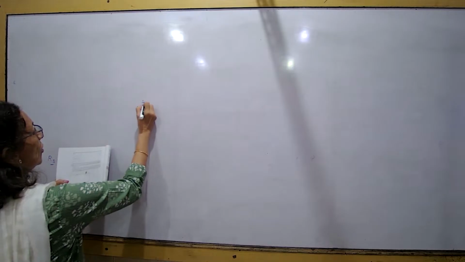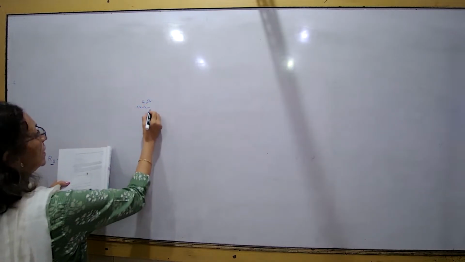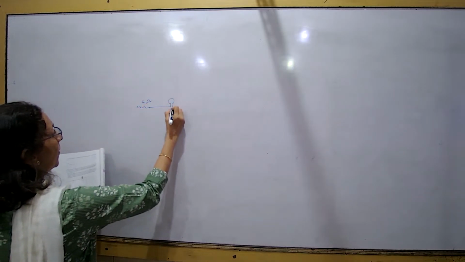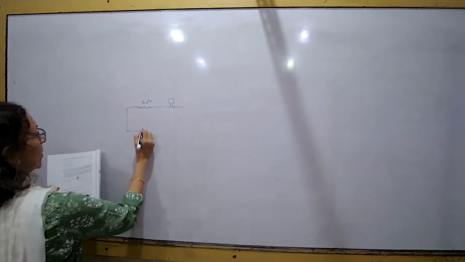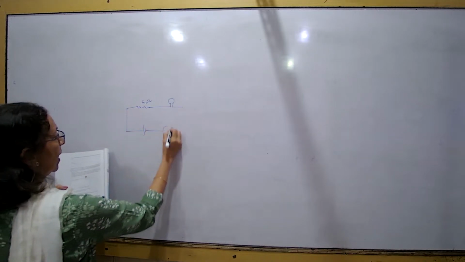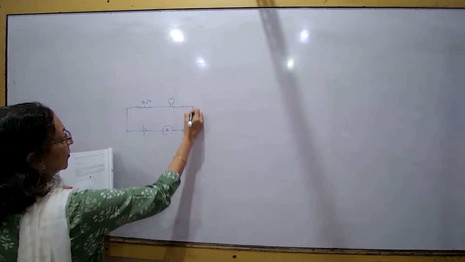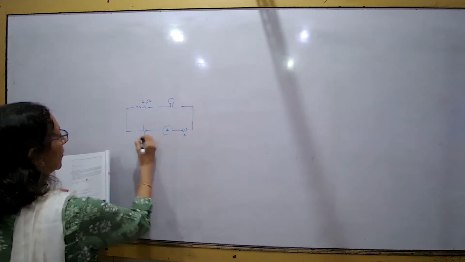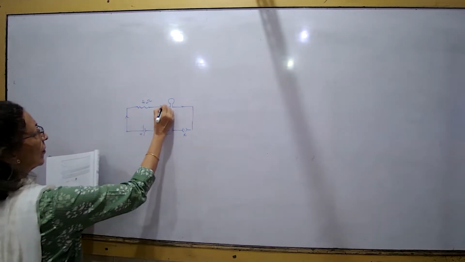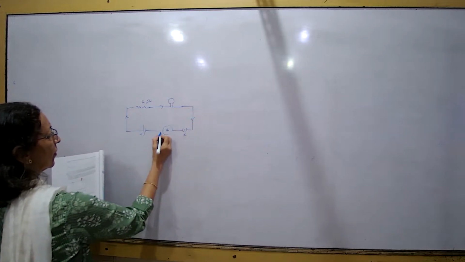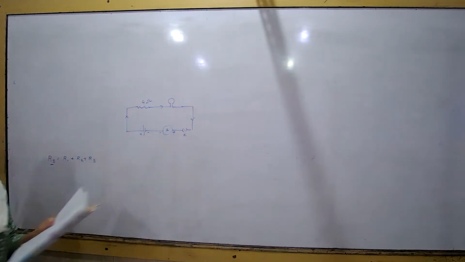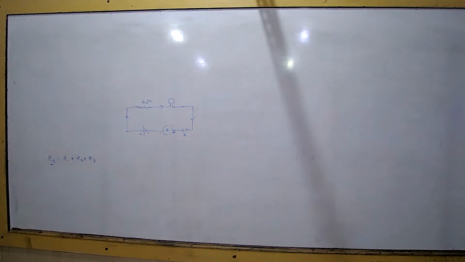I'm just drawing only this part. There is a 4 ohm resistor. Then there's a bulb. Then there's a battery, an ammeter, and of course there's a key. Finished?